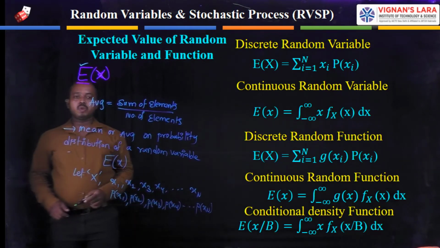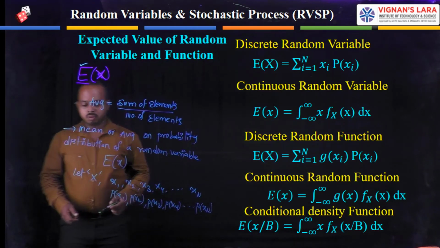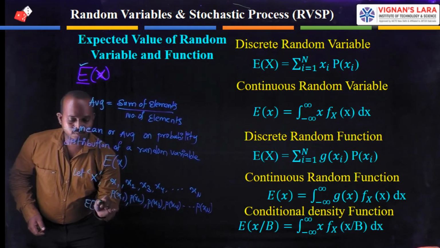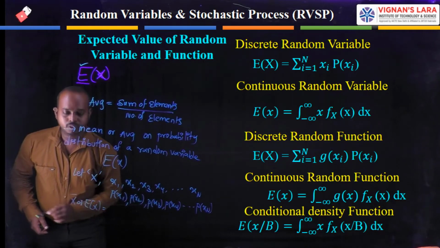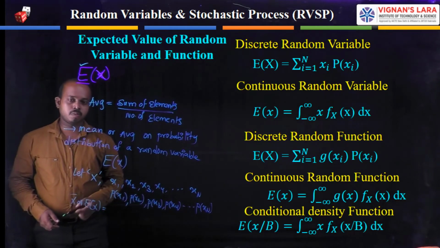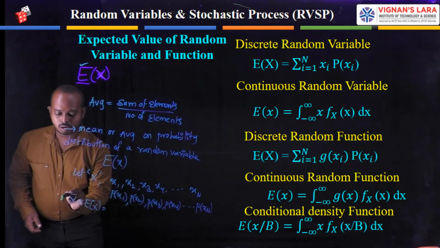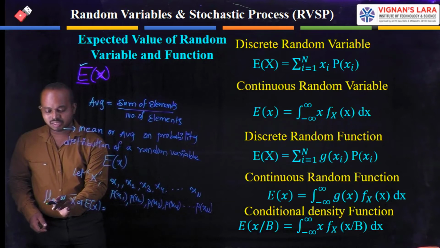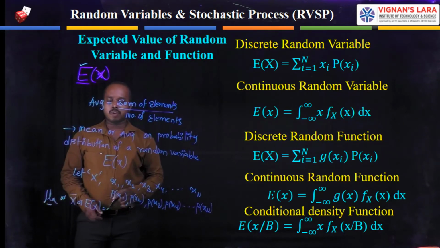Now we can find the expectation value or mean value. The expectation value is E of x. Some textbooks give the notation x bar or mu of x. Any of these notations represents the mean value or expected value.